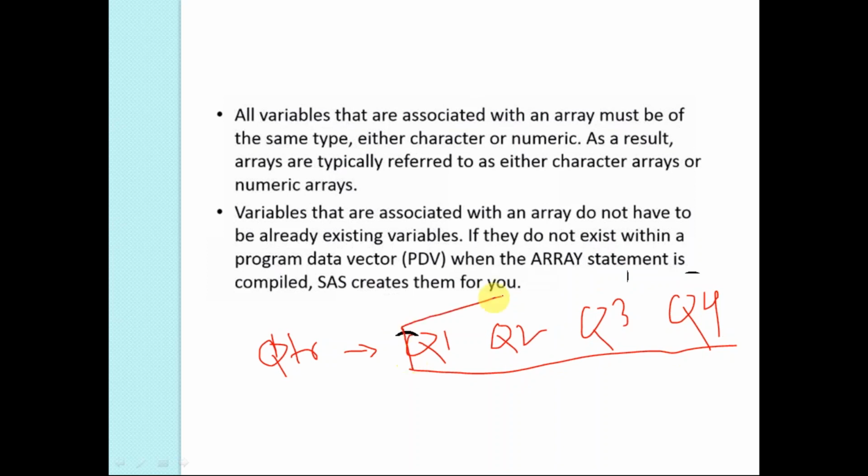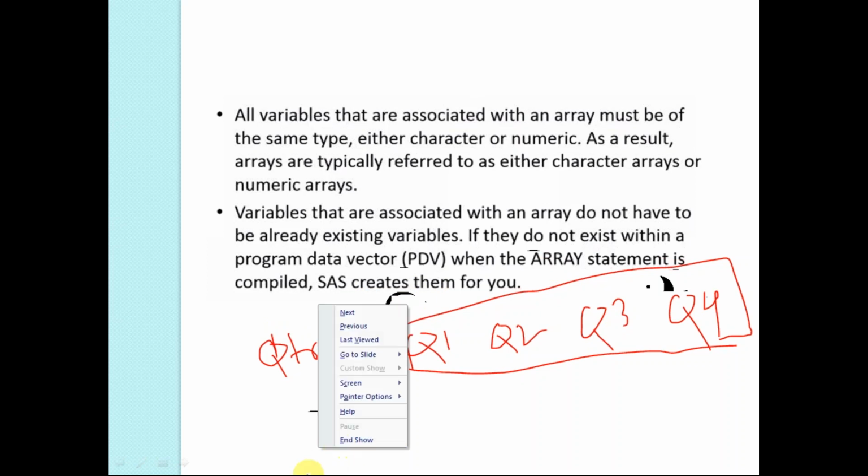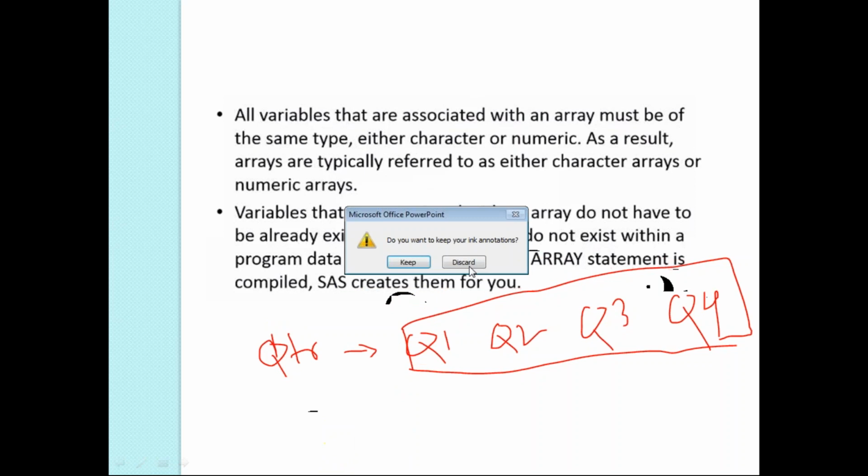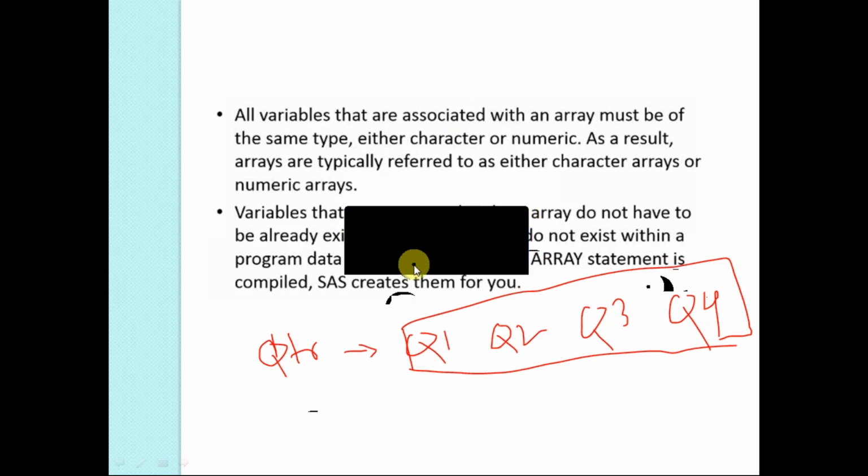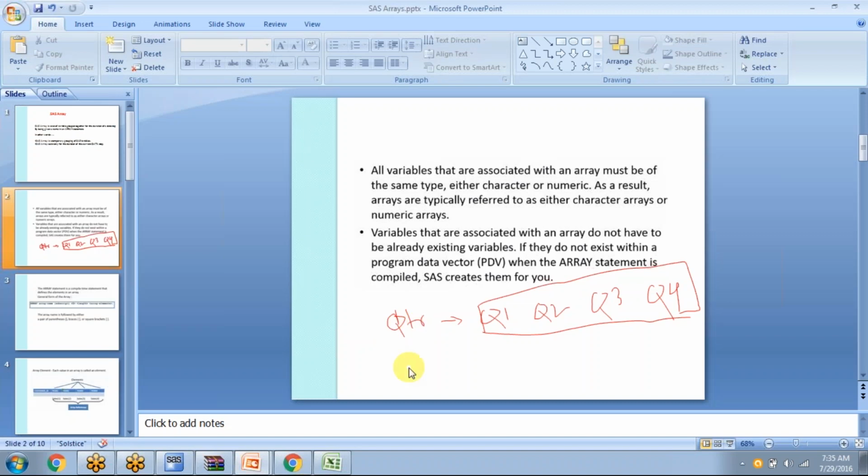When you create an array, you cannot collect some numeric variables and some character variables and store them in one array. That is not possible. Either you store all the character variables or all the numeric variables in an array.